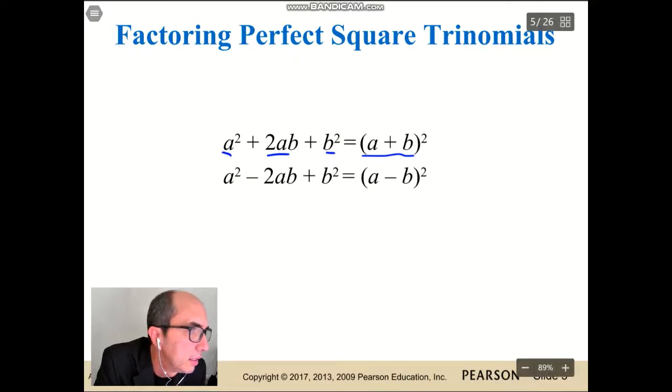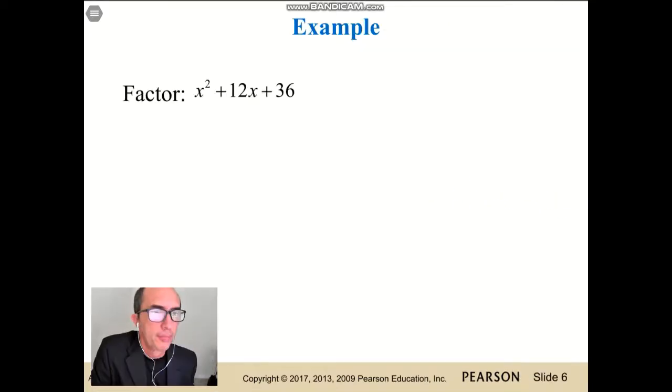And on the other hand, if you have a squared minus 2ab plus b squared, this is going to be a minus b squared.